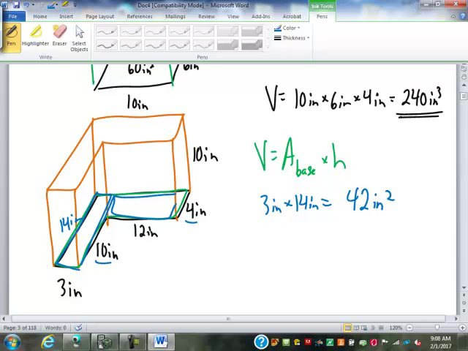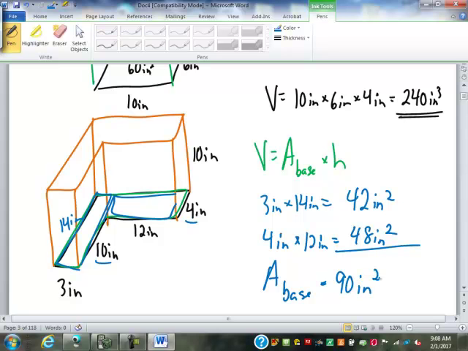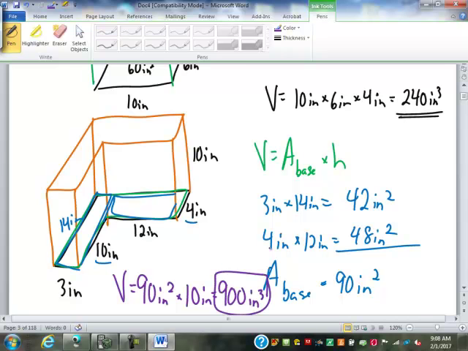This piece here is 12 by 4, or 4 by 12, however you want to look at it. Is 48 inches squared. So the area of that base, adding that up, is 90 inches squared. So that my volume is the area of the base, 90 inches squared, times the height of 10 inches. Otherwise known as 900 cubic inches.